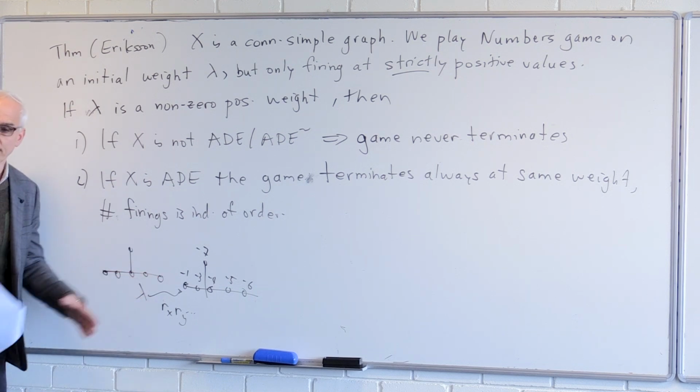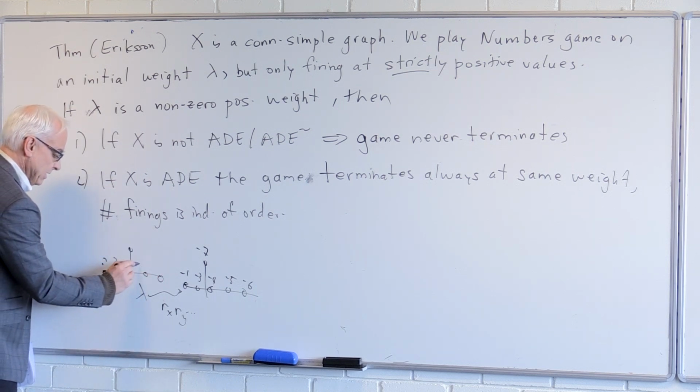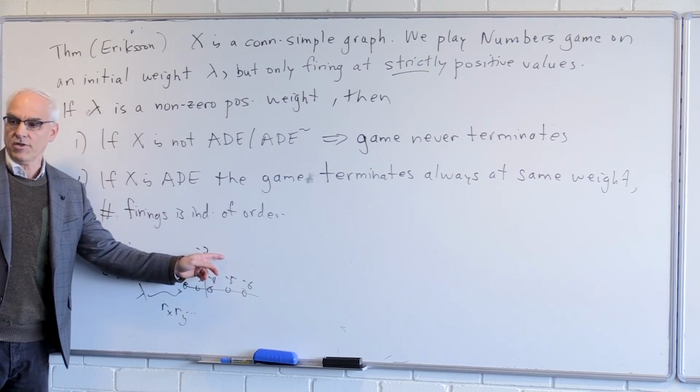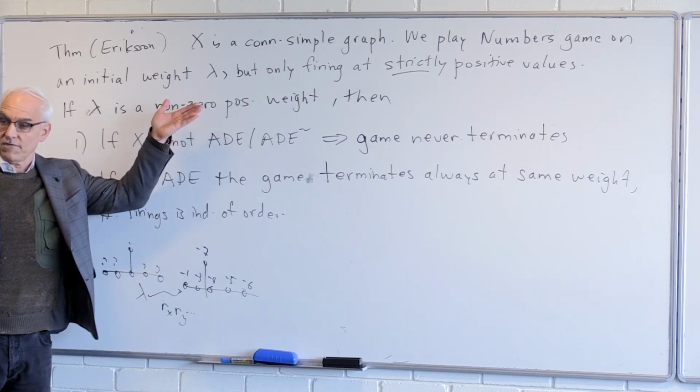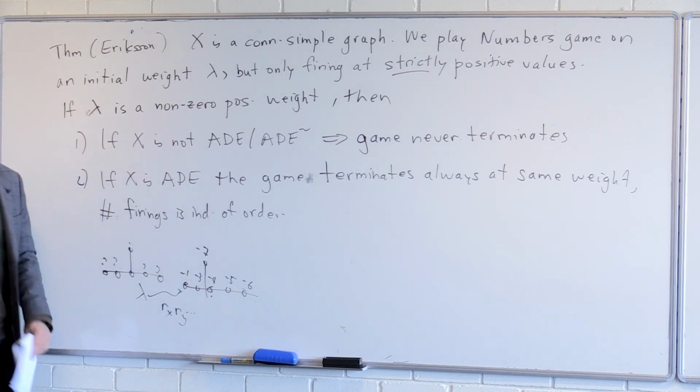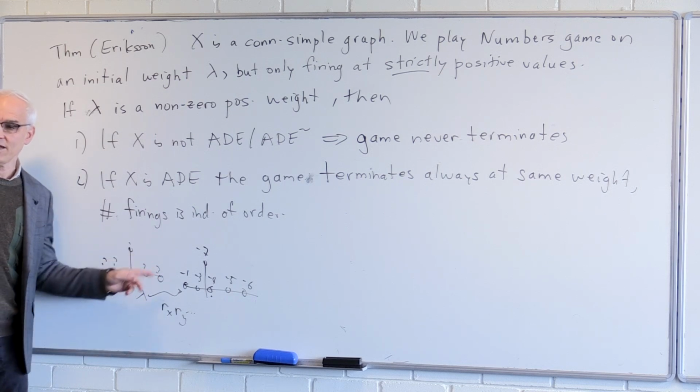No matter what you start with, as long as they're all positive, you start firing, eventually you get to something that's all negative. You can't fire anymore because you've agreed to only fire at positive things. And the final population that you get at is independent of the various choices that you make.